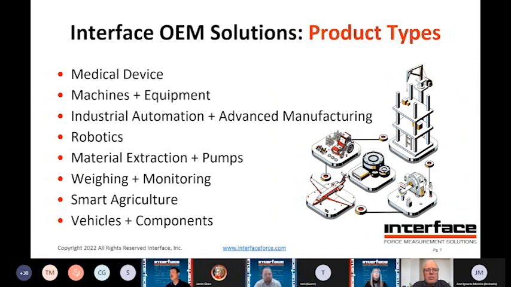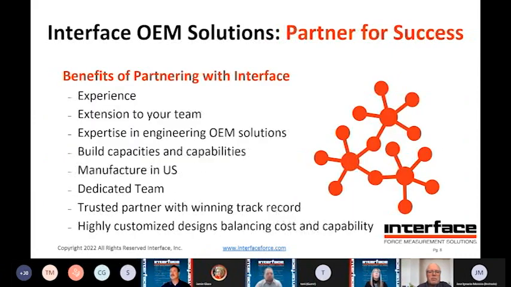Vehicles and components of the vehicles, the boom lifts and things like that, load pins for force feedback, for sensing and lifting, the autonomous vehicles, the trucks, a lot of weighing feedback from that standpoint, electronics, braking and monitoring systems in there. Okay, next.